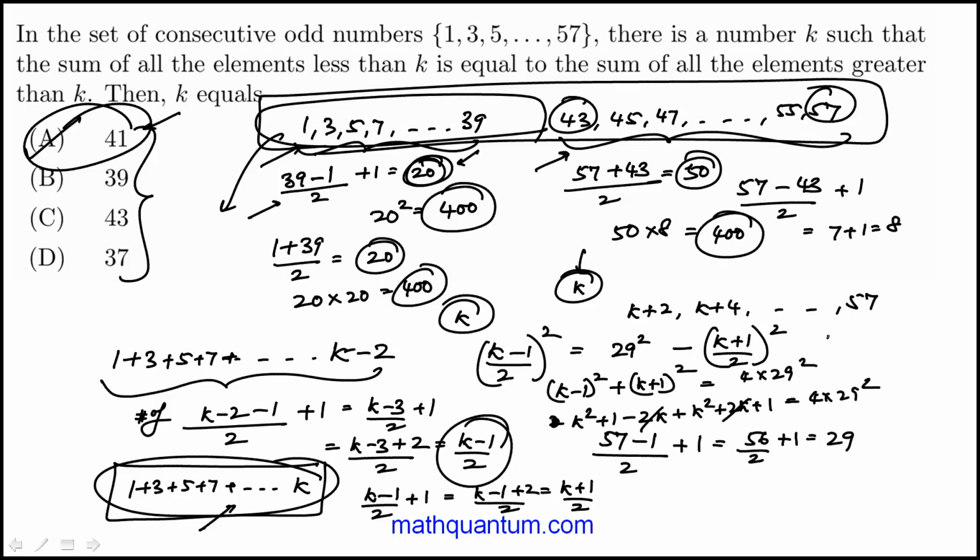And if I divide by 2, I'll get k squared plus 1 is 2 times 29 squared. And if you were to solve this, I'll just do that here, 29 squared, which is 841, times 2, and then minus 1. So I get k squared is 1681. And then if you take the square root of that, you get 41, as we should. So that's the second method.